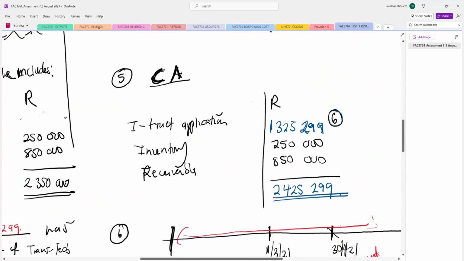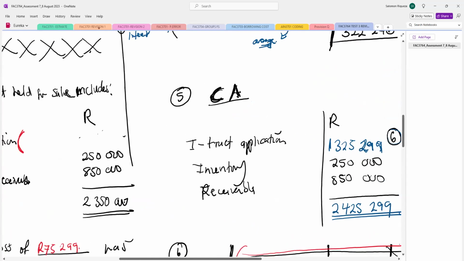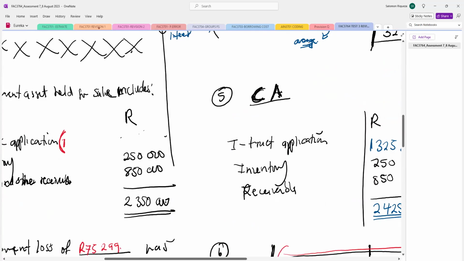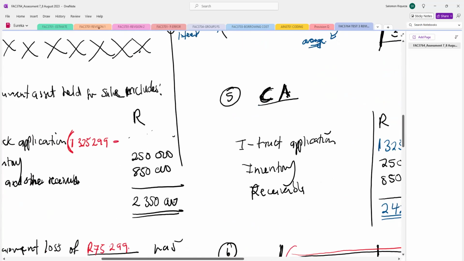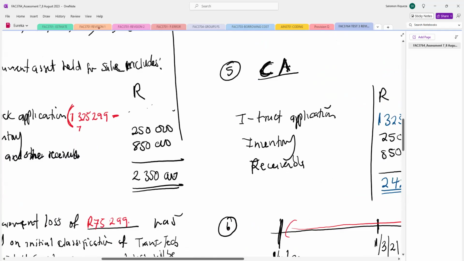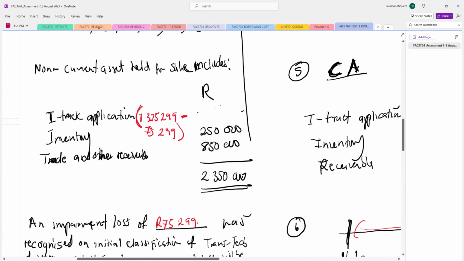So let me go back to the carrying amount. So it's 1,325,299, right? And I'm allocating the full amount here, the full 75,299. I'm going to explain again. The reason why we are allocating the full impairment loss here is because all the other assets do not qualify. We only need non-current assets, except, of course, financial instruments.